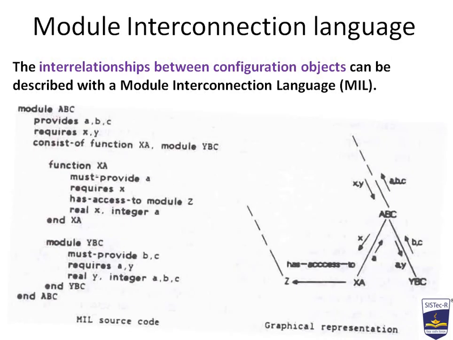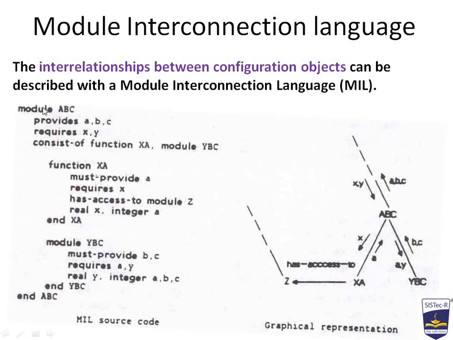You are seeing here the MIL source code. This is the script of the module interconnection language, and this is a graphical presentation of this particular code. If you see the graphical representation of this code, you can understand what is going inside and what is going outside. So there is a module ABC.